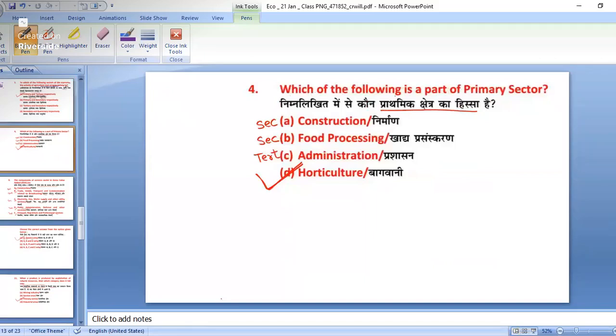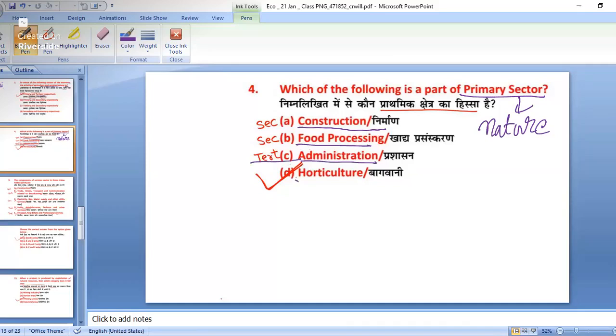Next, which of the following is a part of the primary sector? In the primary sector, we have activities related to nature, from which we get raw material. Construction is a part of the secondary sector. Food processing is a part of the secondary sector. Administration is a part of the tertiary sector.